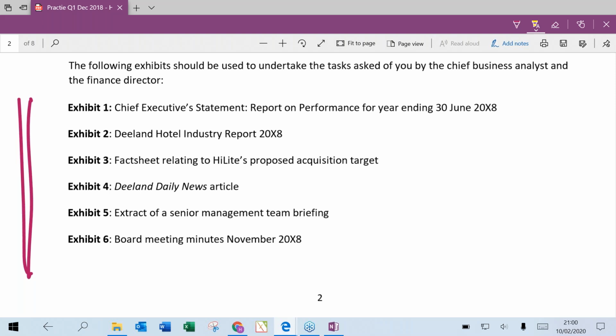D-Land news article. Generally, these articles cover multiple information. So maybe this can be used in multiple questions. Extract of senior management team briefing, I don't know, it might cover multiple questions. And board meeting minutes. Normally, board meeting minutes are an exhibit which covers multiple requirements.